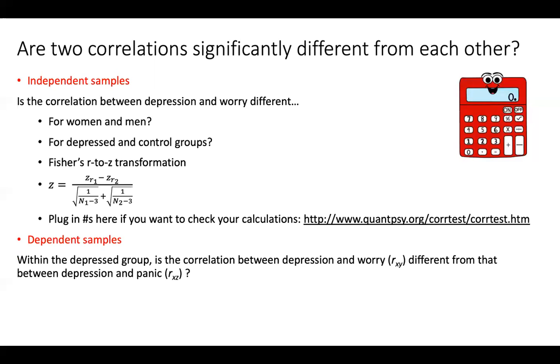An example for a dependent sample would be: I now look only at women, and I'm interested in whether the correlation between exercise and weight loss is different from the correlation between food intake and weight loss, right? My examples are never great, but I hope you get the idea. That would be a dependent sample, because these measures all come from the same observation unit. So we have to differentiate between these two cases.